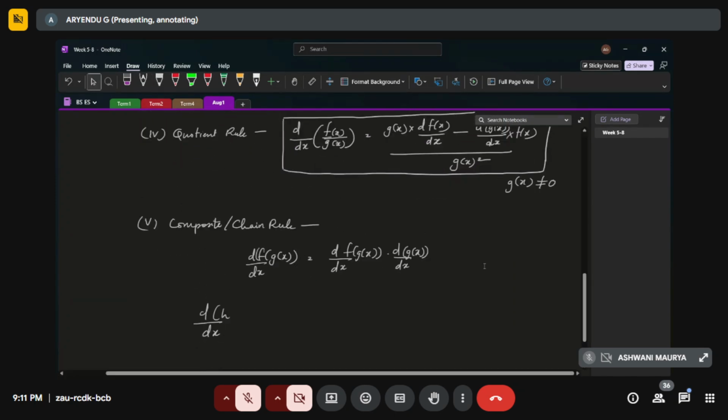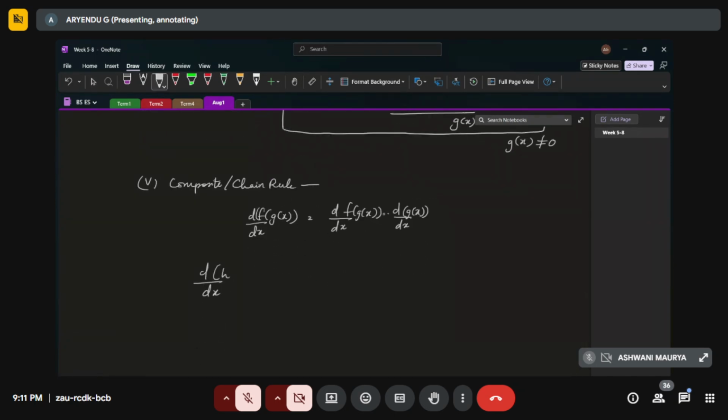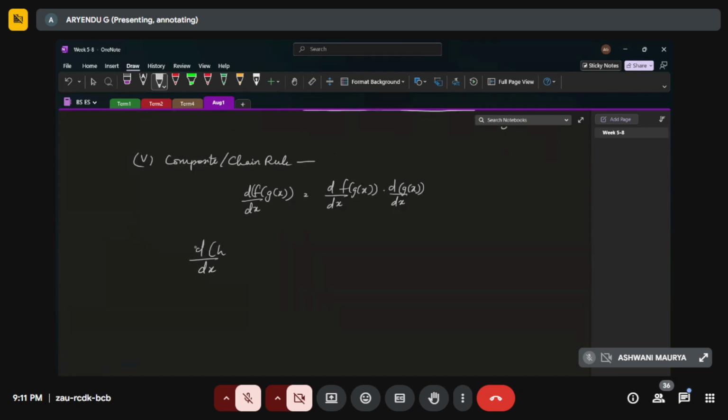No, ma'am. Here, this one only. What is now? D of g of x. This one. No, no, which one are you talking about? This, d of f of g of x by the one after that. This one, yeah. Yes, below it there will be d of g of x. Here. Yes.